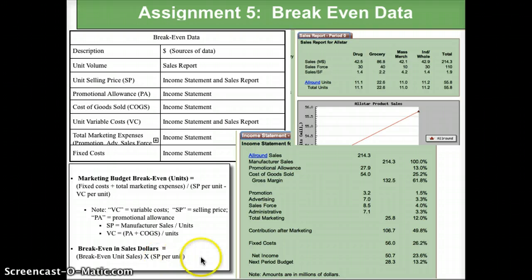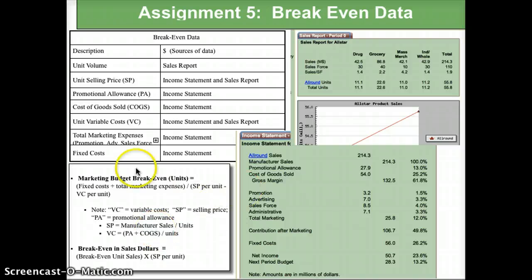Again, I've reproduced, and this is simply the same information that was provided on the exercise 5 PDF for break-even analysis. This gives you some of the calculations and definitions of VC, variable cost, SP, selling price, PA, promotional allowance, and calculations of SP and VC. But again, that is the same information.